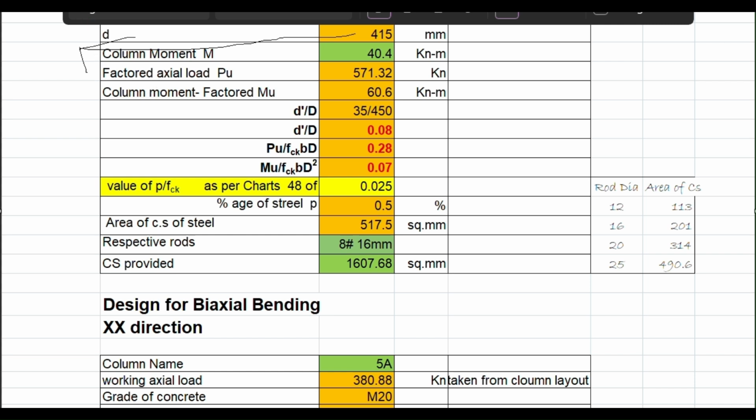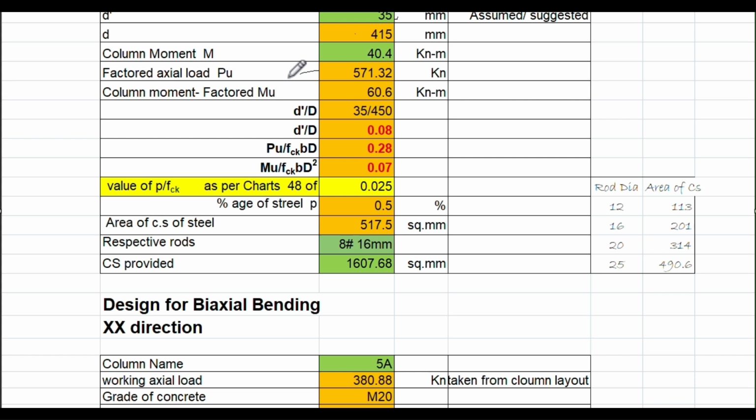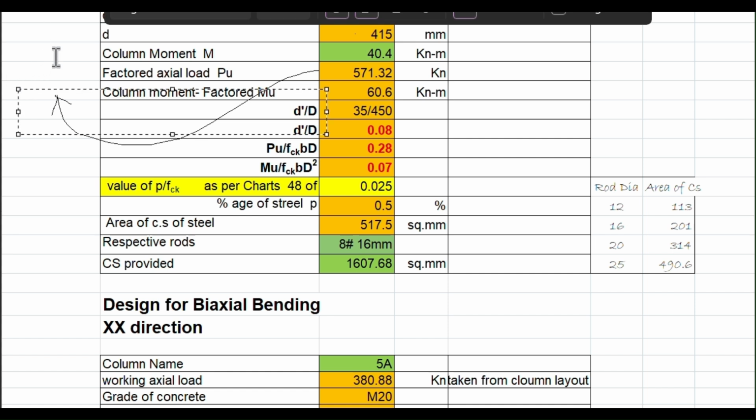Next is column moment in x direction, 40.4, which we have already assumed, that is the given item. Factored axial load means 380 point something is the axial load, into 1.5 is this value.